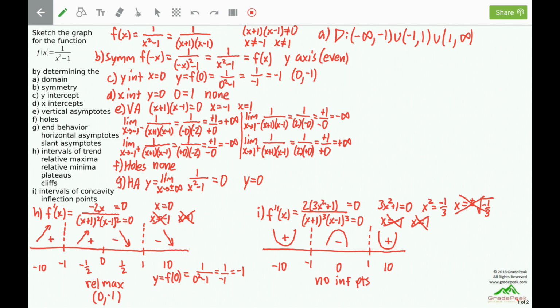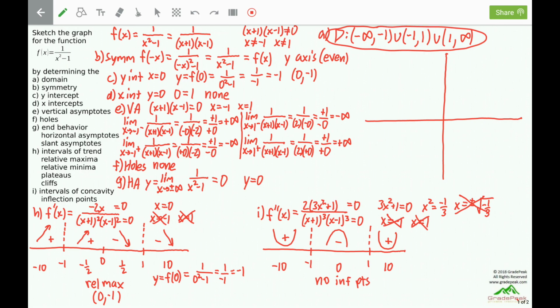We can now draw the graph. We have a vertical axis. We have a horizontal axis. We have a domain that is all real numbers except for -1 and +1.